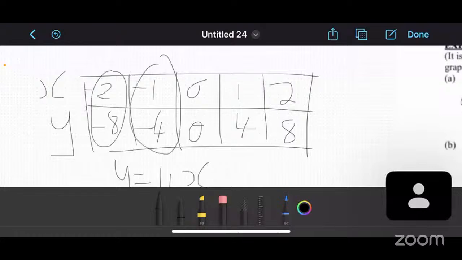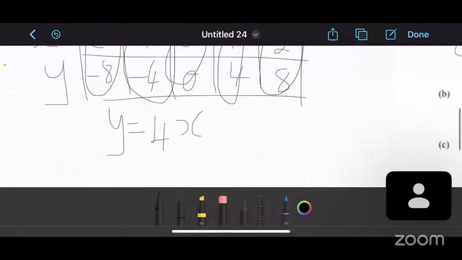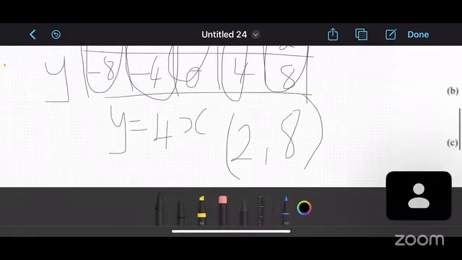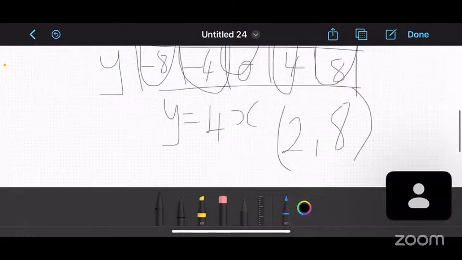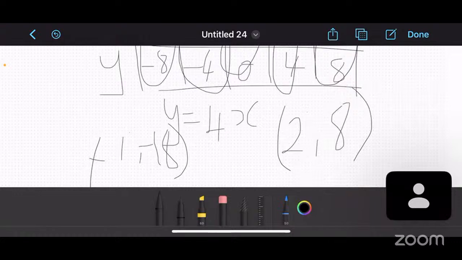This is going to be a point, a point, a point, a point. Remember, a point is like this: 2 and 8. This is a point on the line graph. -1 and -8, it's also a point. 0 and 0 is also a point. So you're going to go to your Cartesian plane and place these points.